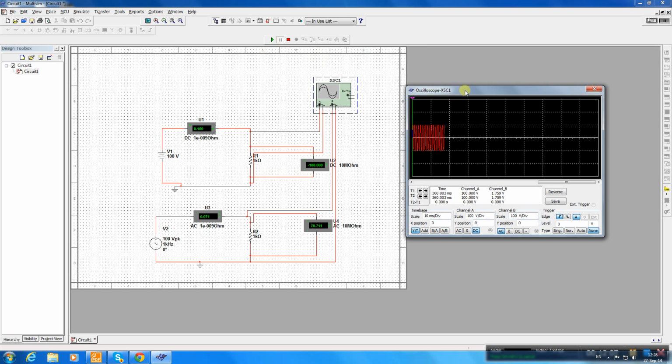Okay, let's pause it. Now look in detail at what we have here. Let's exclude channel A for now. As you see, we have only one channel active now. It's channel B, the channel connected to AC.